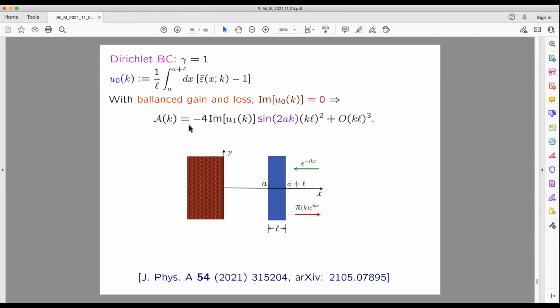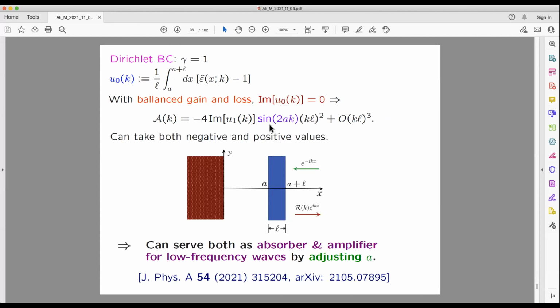And what you can see is that there is this sine 2ak. a was the separation between the boundary and the slab. So you see, by changing the position of the slab, you can have positive or negative absorption, which means it can be used both as an absorber or an amplifier. Obviously for low frequency waves, which is kind of strange. I had not seen something like this.